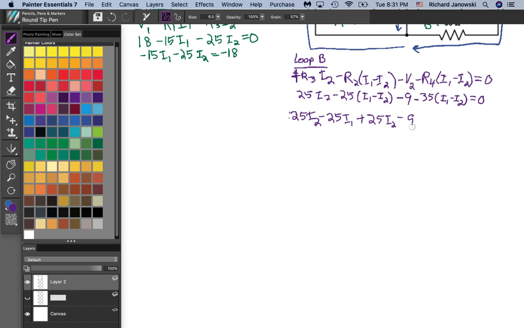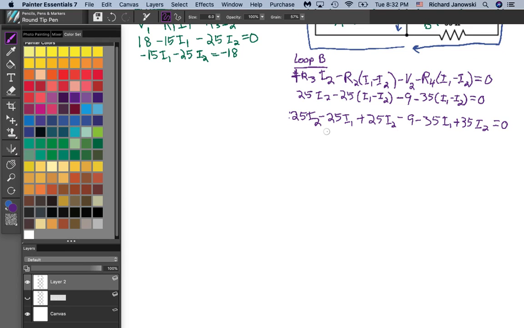Minus 9, so minus 35 I1, and then minus 35 times minus I2 will give us plus 35 I2, and this equals 0. All right, so again, there's a lot of small math going on here. You got to be careful what you're doing.